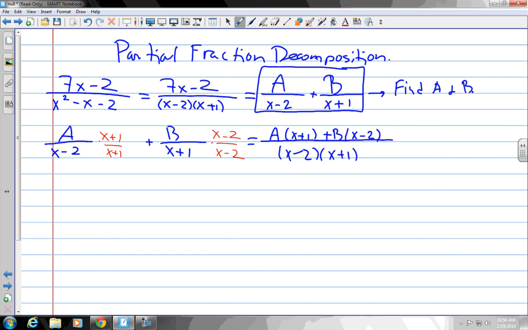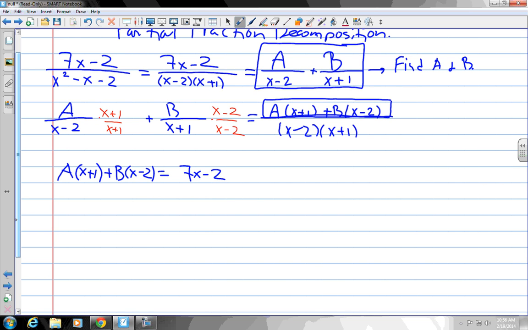Is that okay? So that means this numerator, A times x plus 1 plus B times x minus 2, has to equal 7x minus 2. Our denominators match, so what I need to figure out is that it has to equal the original numerator.